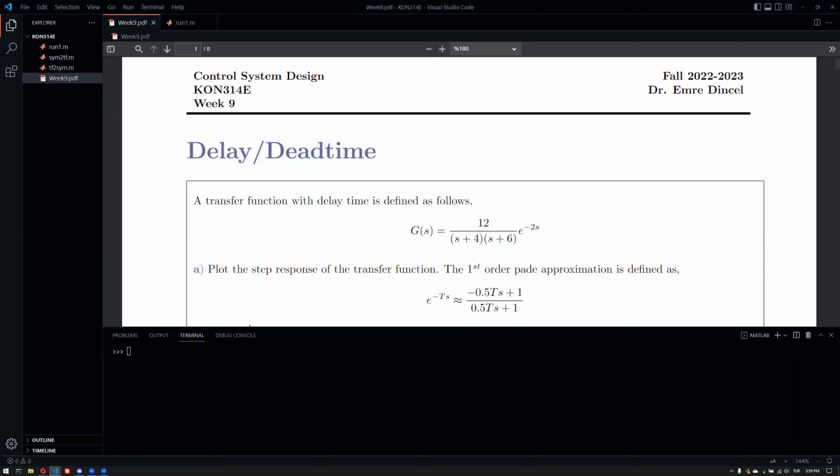So let me just quickly see if I can find that for you. The shifting property of Laplace. So that's what I'm after here. Let's see. Do we have a nice explanation for that?